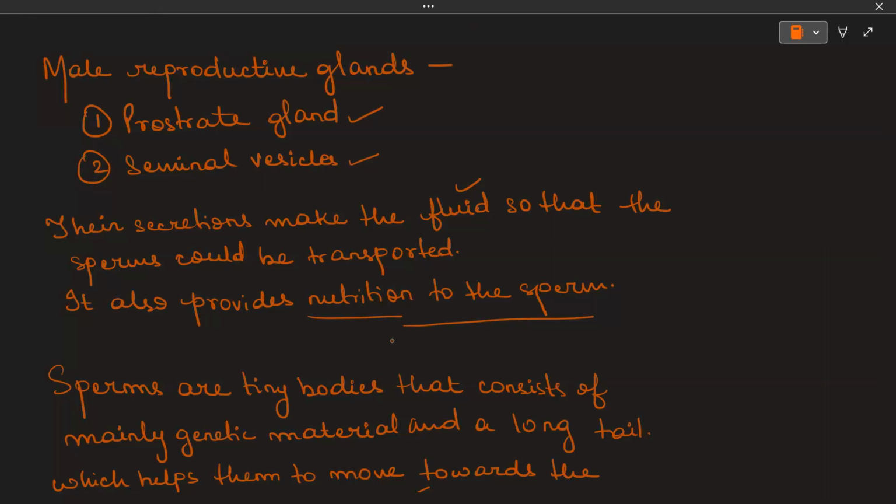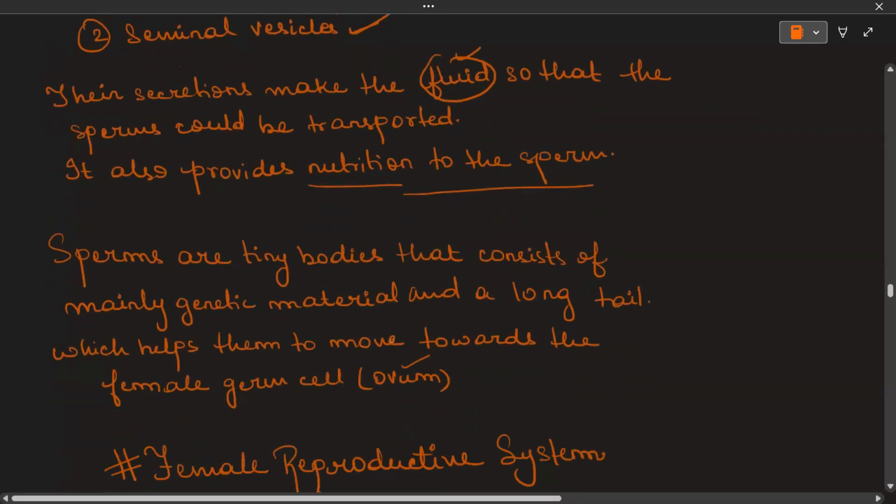The secretion from the prostate gland and the seminal vesicle makes the fluid so that the sperms could be transported. First of all, they provide a medium for the sperm to be transported, and apart from providing the medium, it also provides nutrition to the sperm.